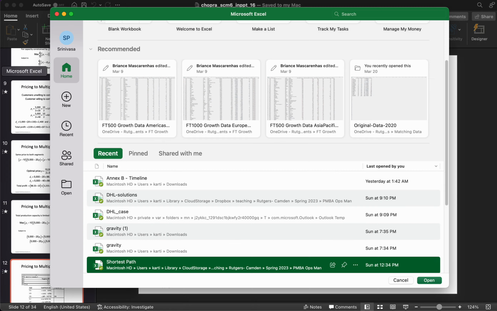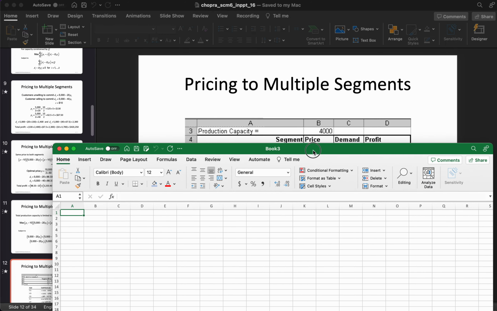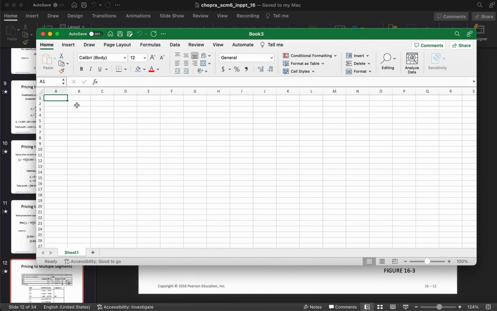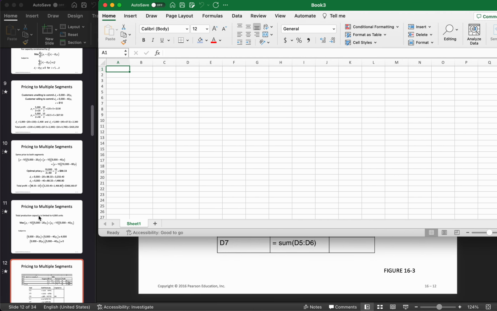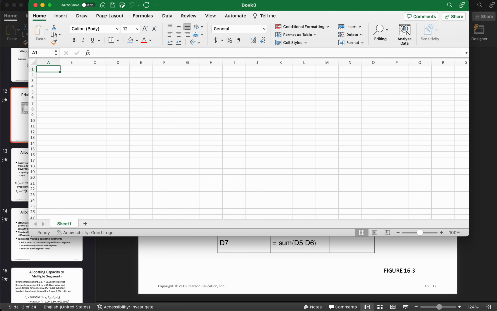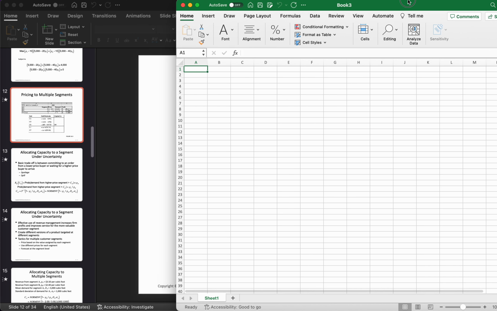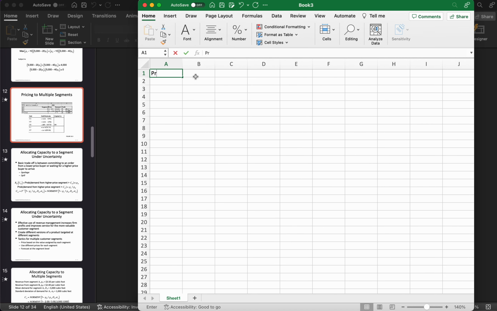I'm going to open up Excel. Okay, so let's set this up. First things first, let's set up a place for our production capacity. Production capacity for us is 4,000 units.